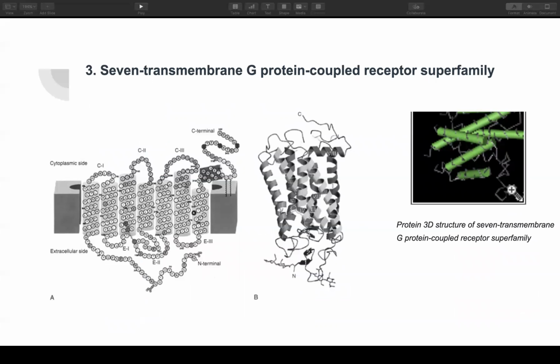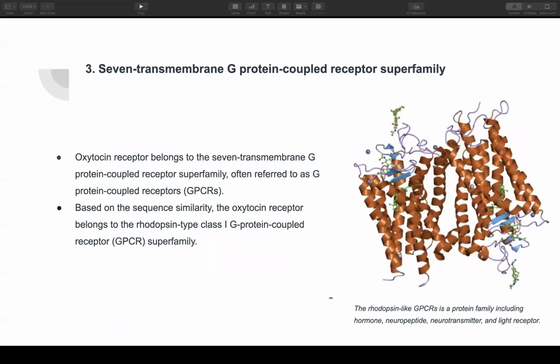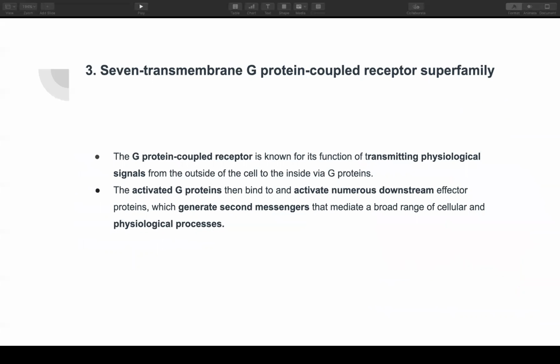And the third one, I want to talk about the 7 transmembrane G protein-coupled receptor superfamily. So here is the 3D structure of that particular superfamily. And based on the sequence similarity, the oxytocin receptor belongs to the rhodopsin type 1 G protein-coupled receptor superfamily. So here is the 3D protein structure of that.